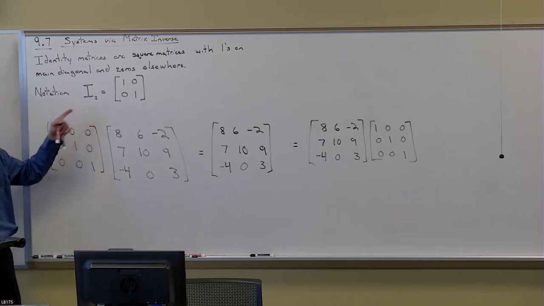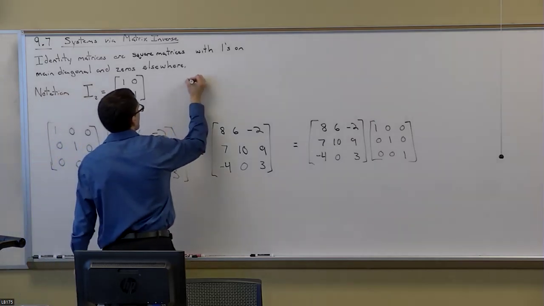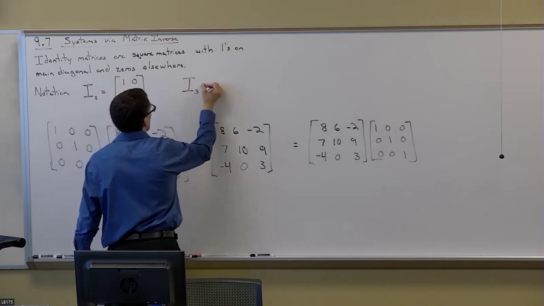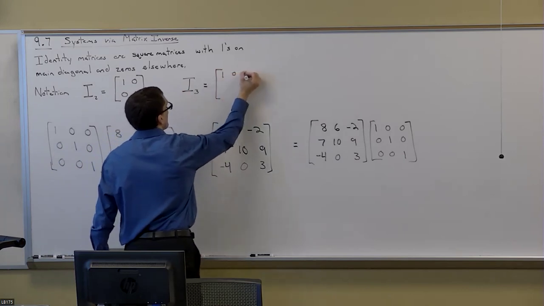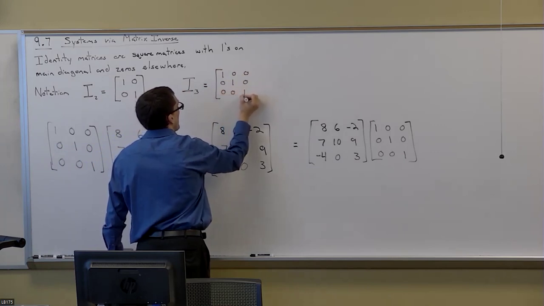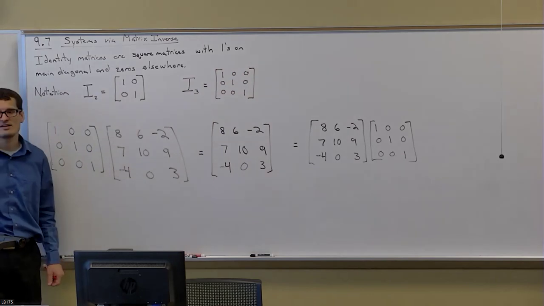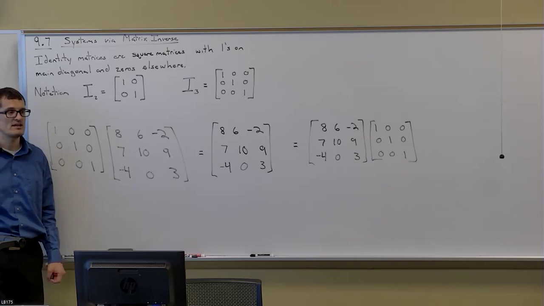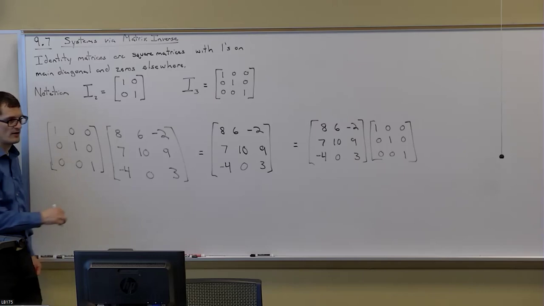I sub 2 means the 2 by 2 identity matrix. I sub 3 means the 3 by 3 identity matrix. And they essentially behave like the number 1 does. 1 times anything is itself. The identity matrix times anything is itself, as long as the dimensions work out. All right?